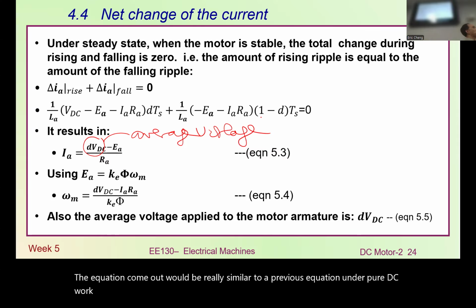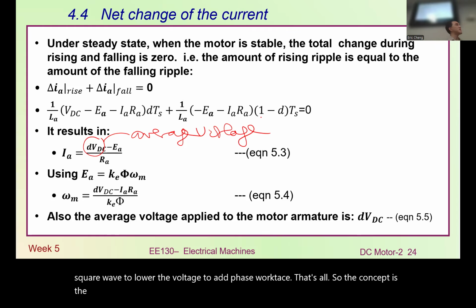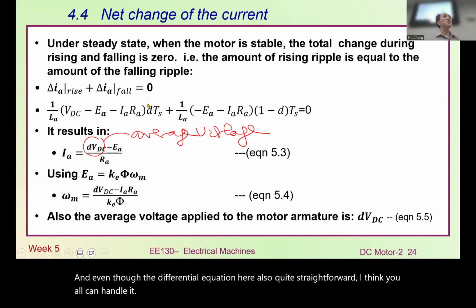It just looks like after the square wave, we average the voltage. We use the square wave to lower the voltage to the average voltage. That's all. So the concept is the same, very easy and simple to memorize. And the differential equation here is also quite straightforward, I think you all can handle it. Okay, any question up to this point?